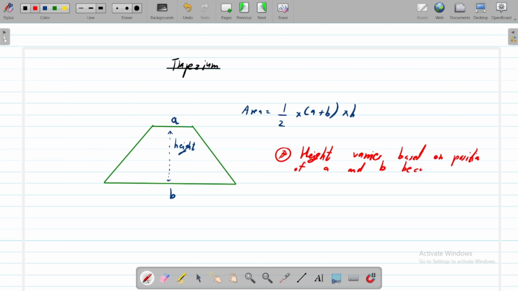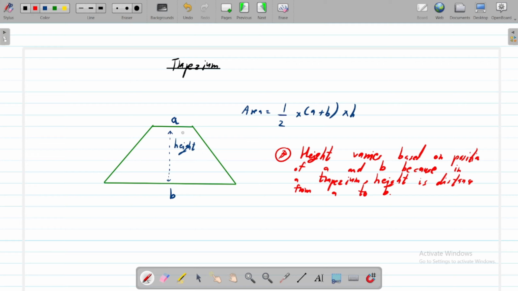Because in a trapezium height is distance from A to B. Same thing as before, but as we said before, that the height is from the base to the top. Okay? In this case, it is A to B or B to A, same thing.